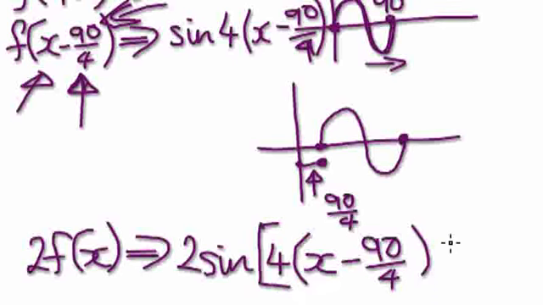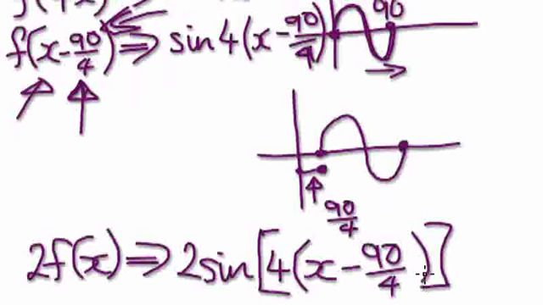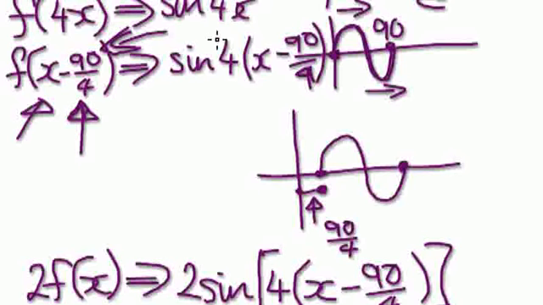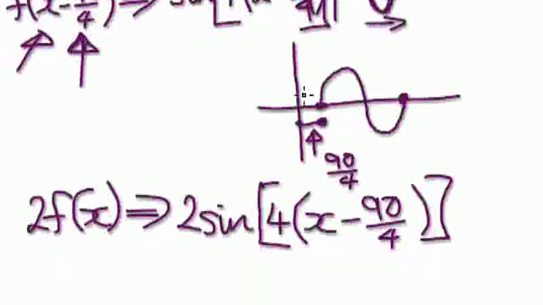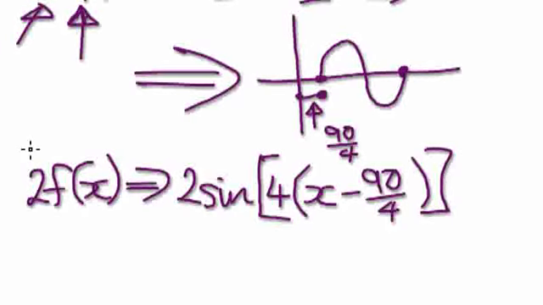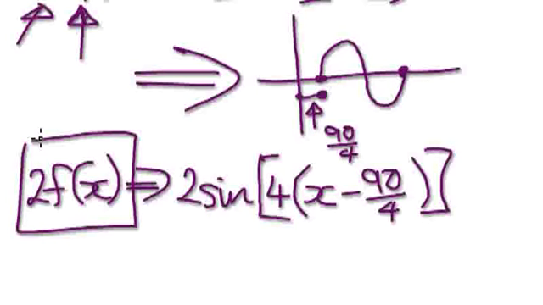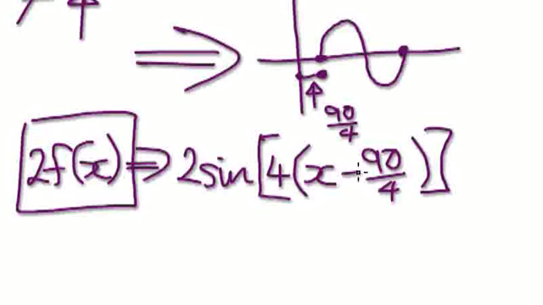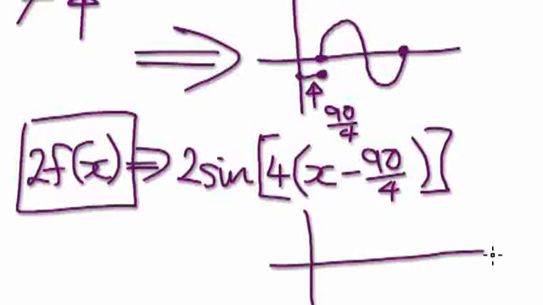Let's stick the whole lot in brackets here, so we should do the same up here as well. Previously we were here. Now we're going to apply this transformation, meaning that we will get a graph like this.